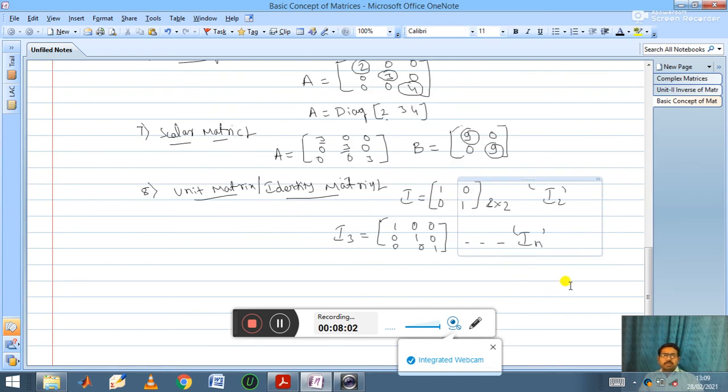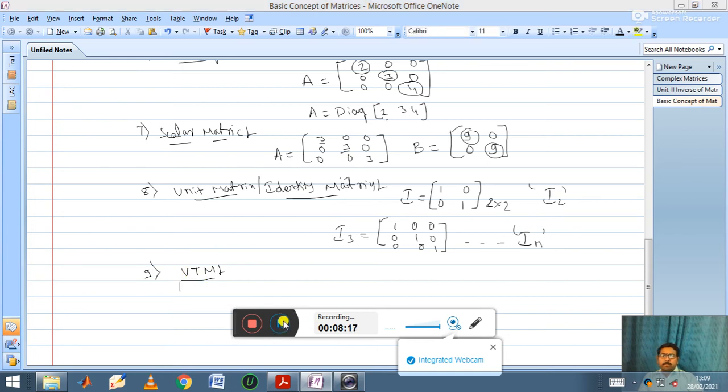Let us move to the next definition, the upper triangular matrix. In short I am writing UTM. Let us understand the upper triangular matrix with the help of one example.